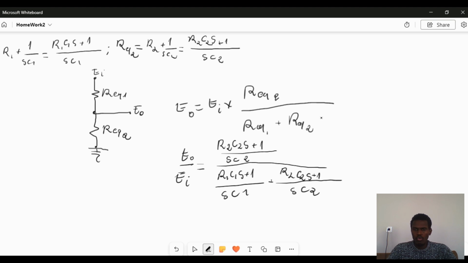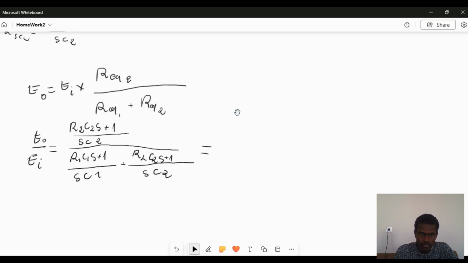Arranging this equation, we are going to send this SC2 to the denominator and arrange again. Let's see what will happen.